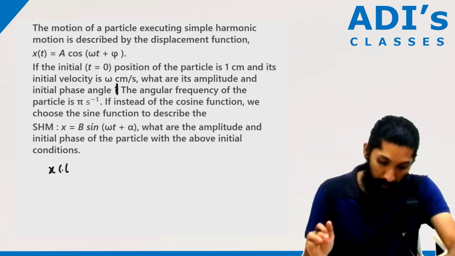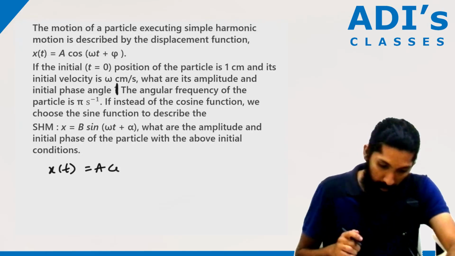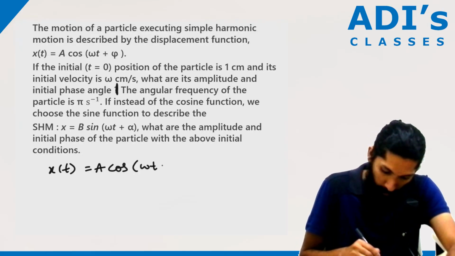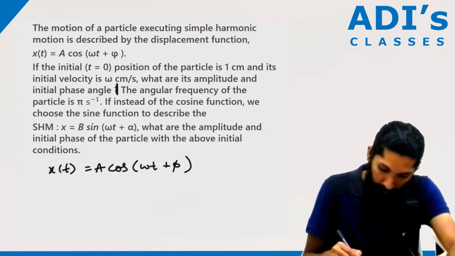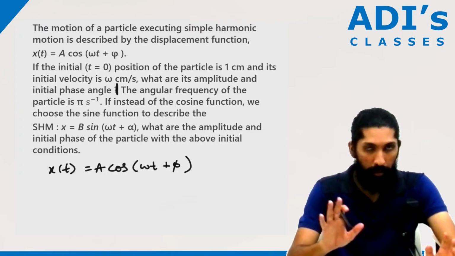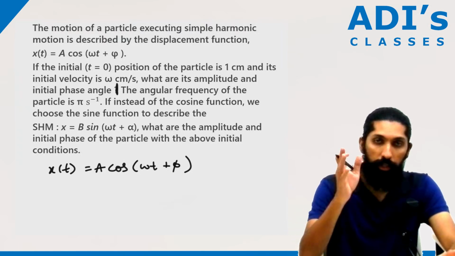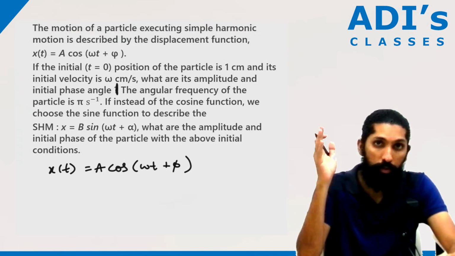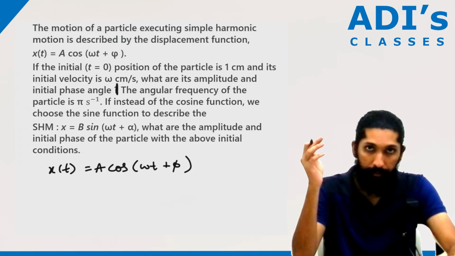The first one is given: x of t is equal to a cos of omega t plus phi. Let's figure out what is given, what is not given, and what you have to find out.